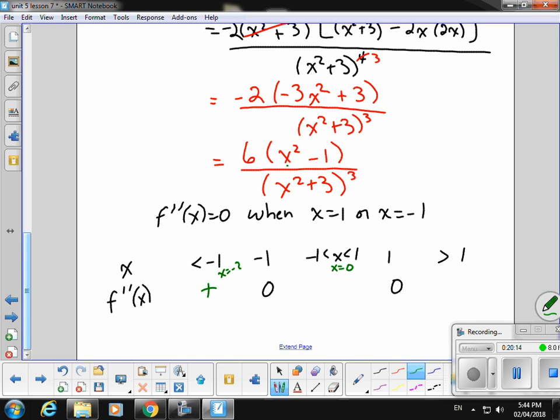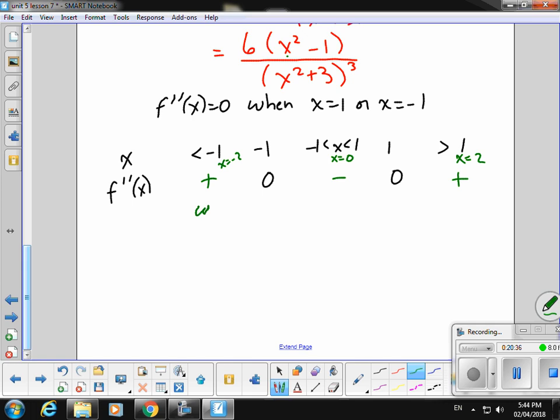So if I put a 0 in there, I have 6 times negative 1, that's negative. The bottom is positive. It's going to be negative. If I put a value greater than 1, so say x was 2, the top would be 6 times 4 subtracting positive. The bottom is positive. It's positive. So I have concave up.